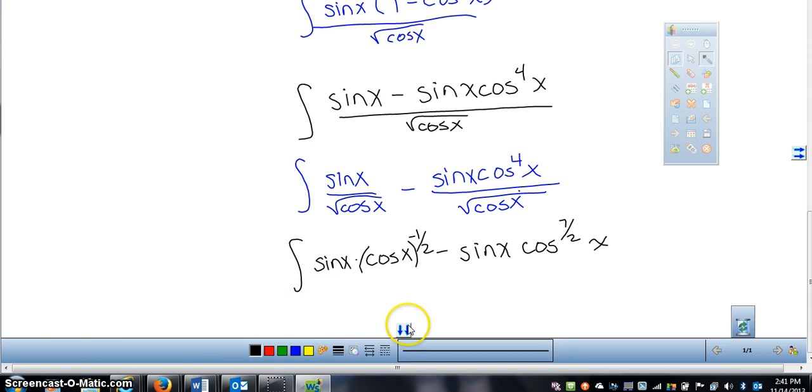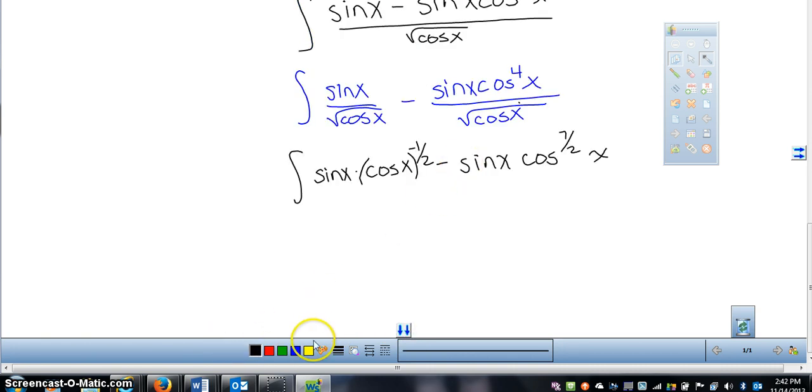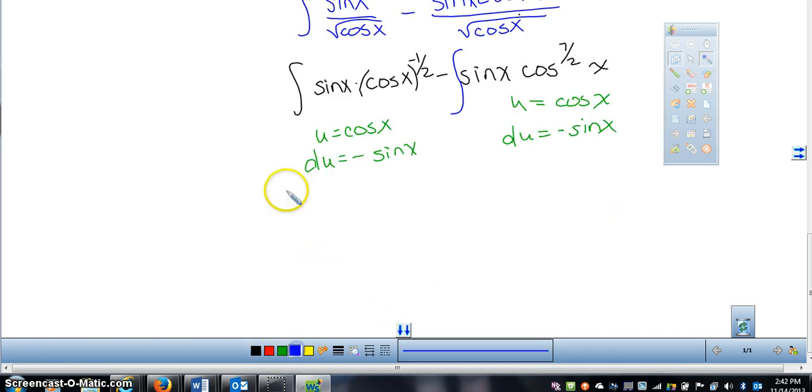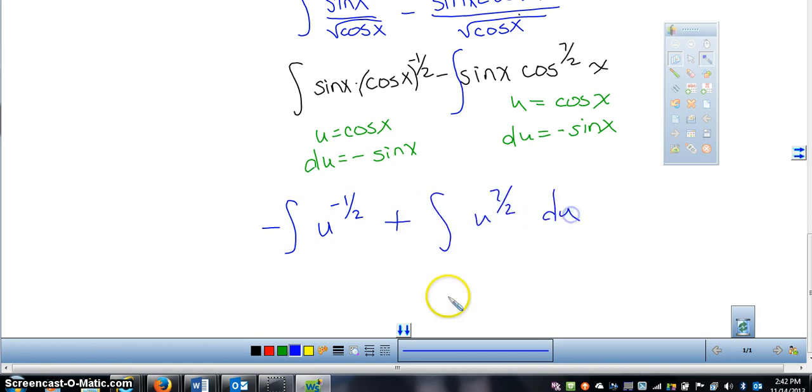So then if I integrate, I break this up into two little integrations because I like to do that. I can let u equal the cosine, and the derivative of that is a negative sine. Same thing here, u equals cosine, and the derivative is negative sine. So if I rewrite these, I get negative u to the negative 1/2. This one would actually become plus the integral of u to the 7/2, and we'll put du's after them.